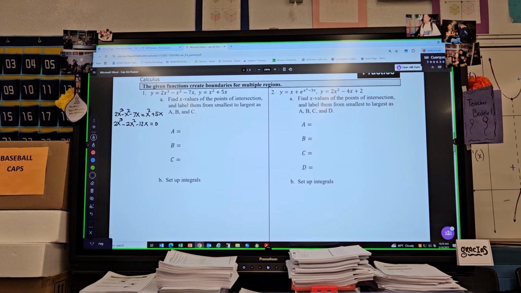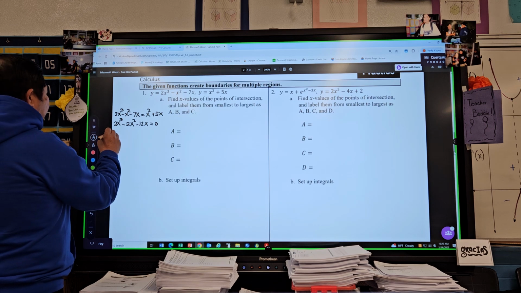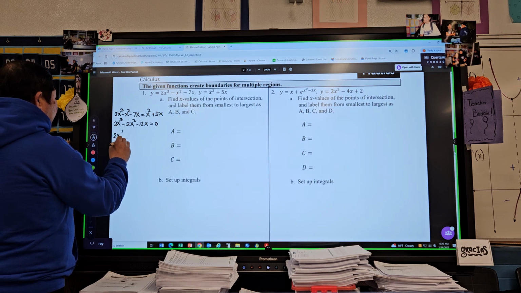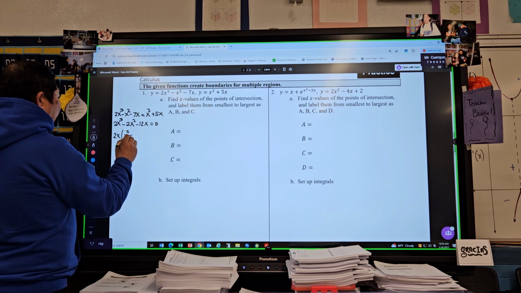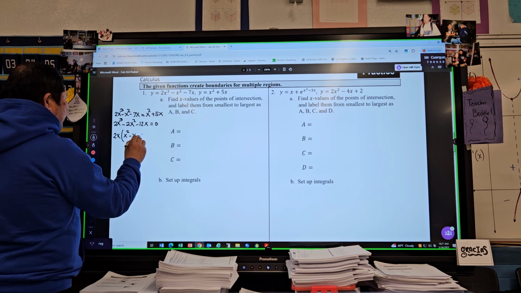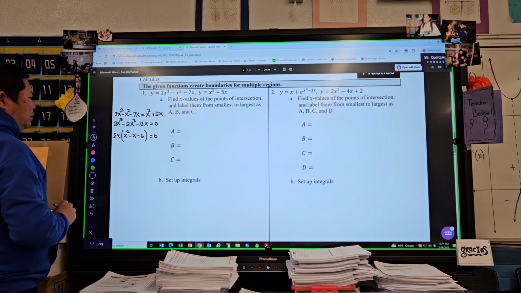What is common? Aside from x, we have 2, right? Common is 2, so we're going to factor out 2x. So this means x squared minus x minus 6 equals 0. Am I right, guys?